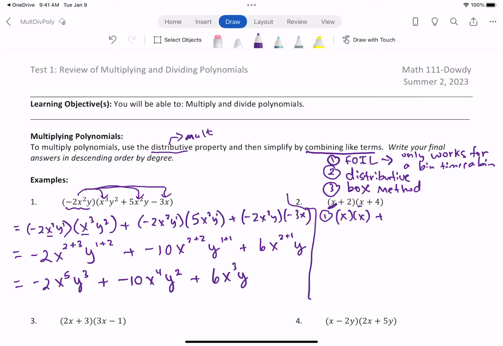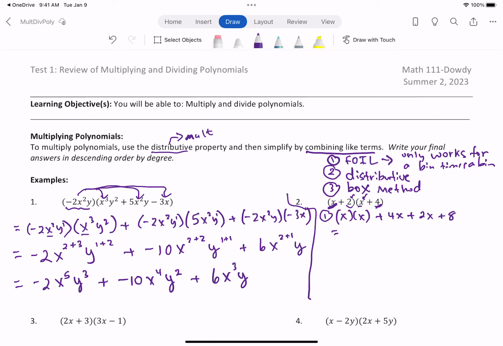So my outside terms are x and 4. So we have 4 times x. The I is inside, which is the 2 and the x. So 2 times x is 2x. And then finally the last are the last two, the 2 and the 4. 2 times 4 is 8.